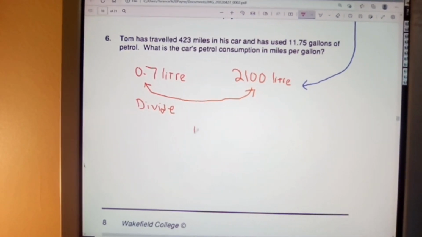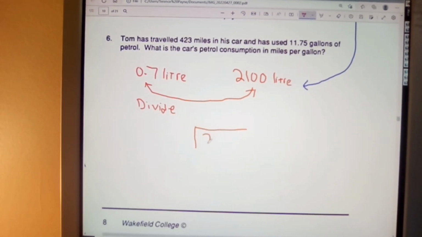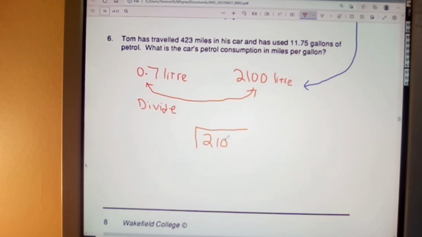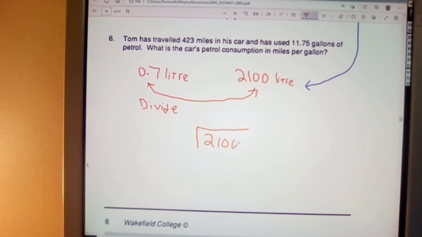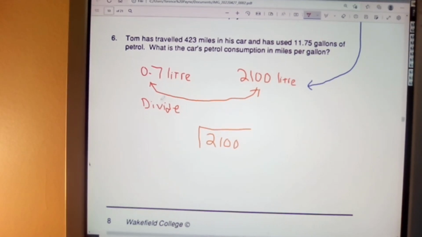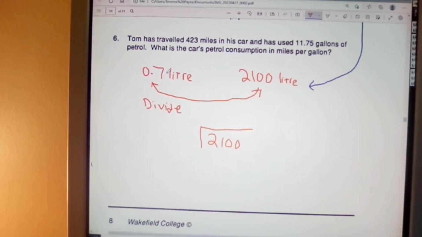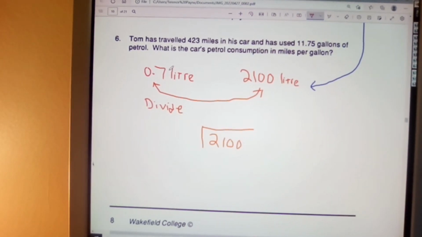Let me put my brackets into place. Sorry, I missed a zero here, didn't I? Sorry about that. So it's 0.70.